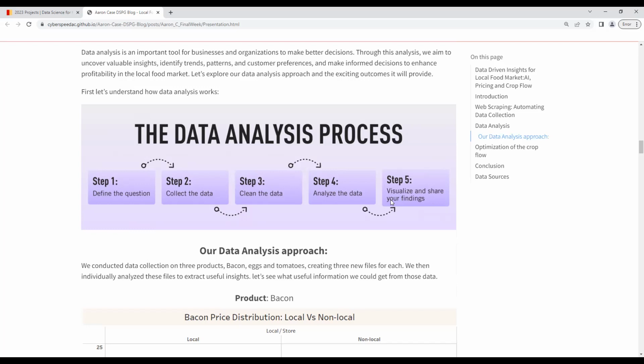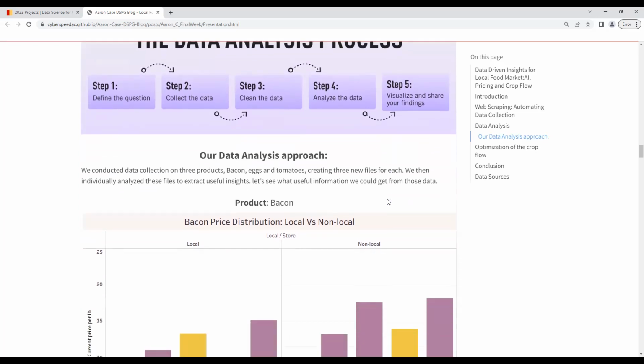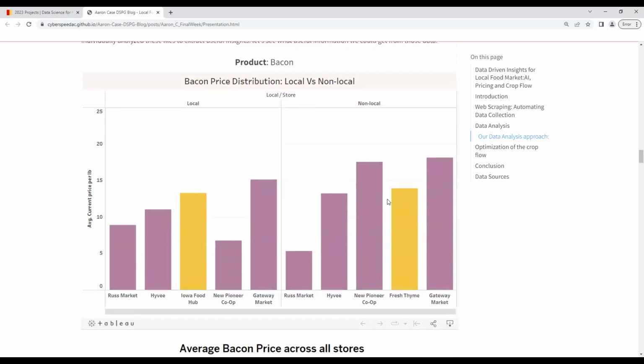After that, the analysis comes into the picture. I'm going to take you through the analysis. We started with bacon, then eggs, then tomatoes. We did not consolidate all three data sets into one because we wanted to see insights of all three products separately. I'm going to talk about bacon first.